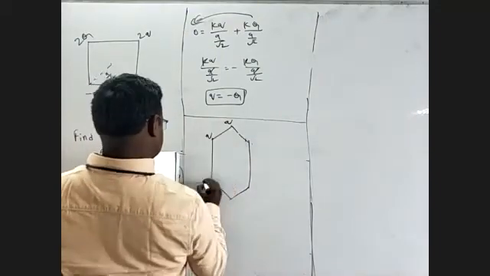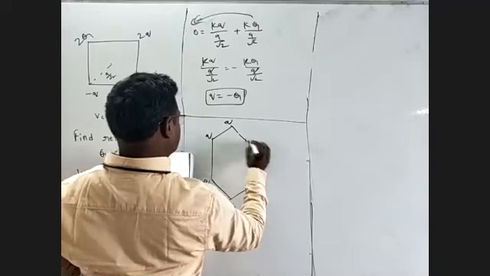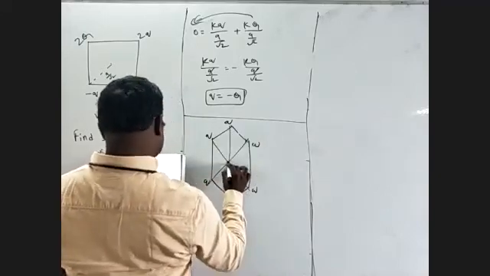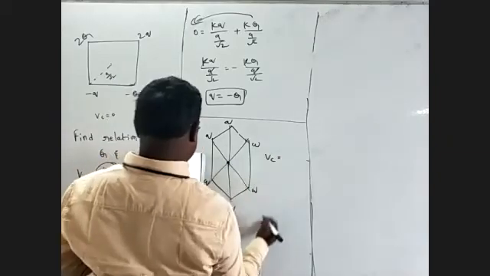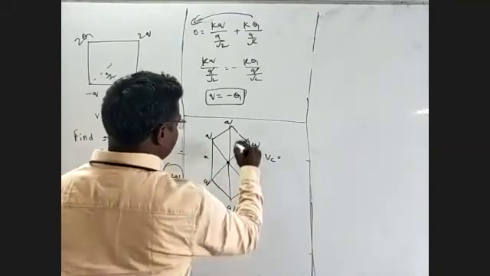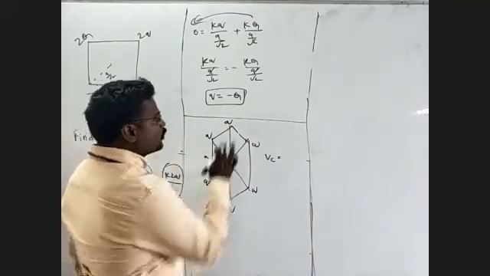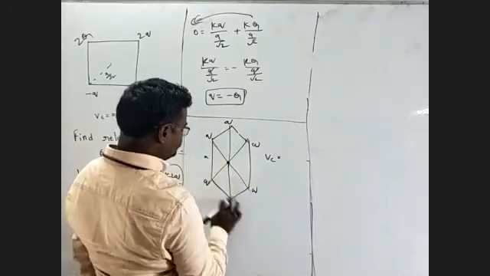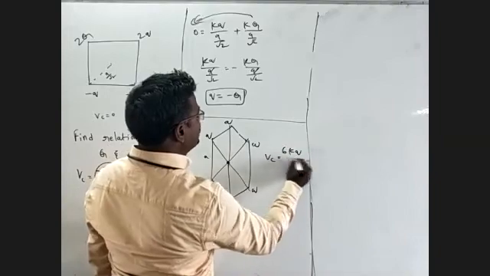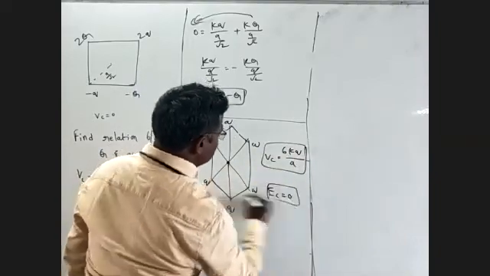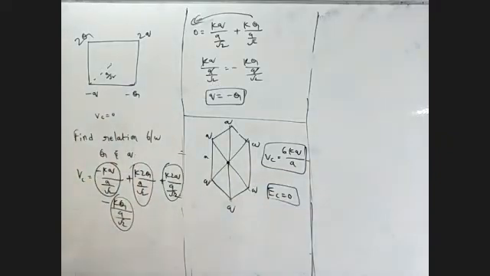Charges Q at each corner. At the center point, what is VC? The distance from here to all the remaining charges is A. So 6 into kq by A. That is VC, but E at the center is 0. That is one model.